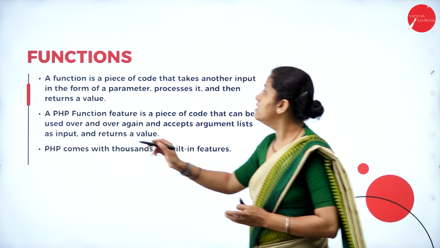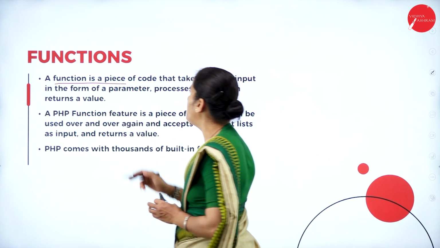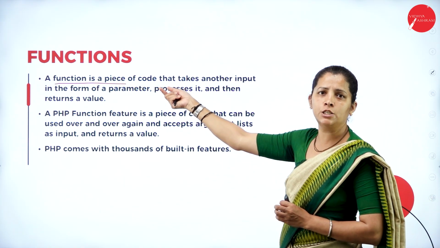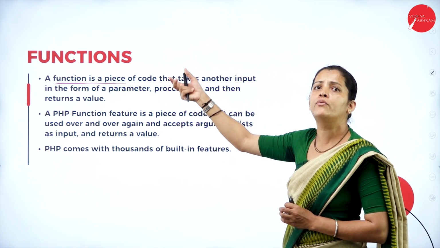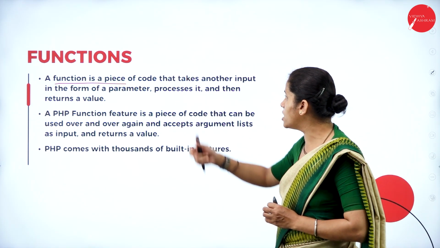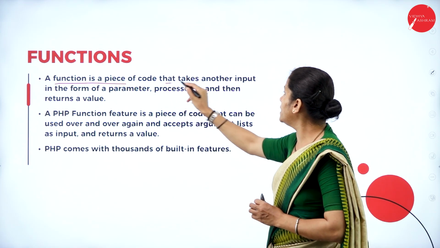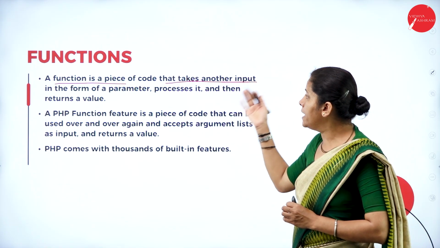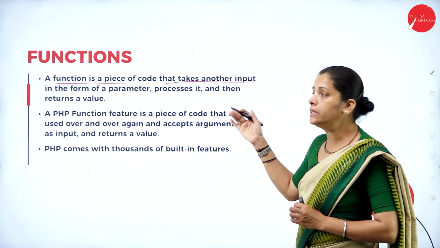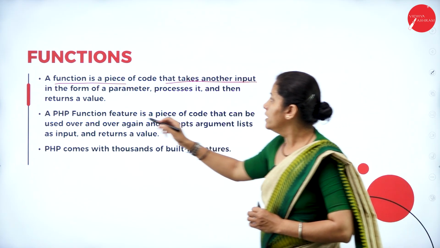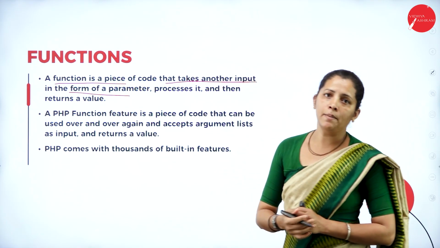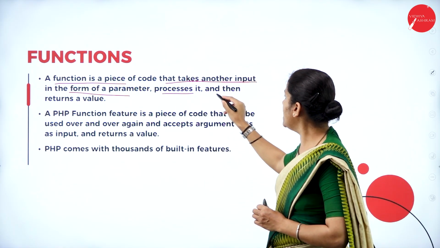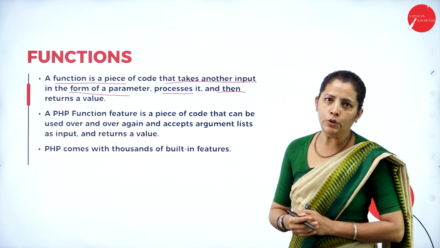So here a function is a piece of code. So what is a function in PHP? It's nothing but a piece of code or piece of instruction that takes input. So functions are mainly used to collect the input in the form of parameters, process it and then return the value.